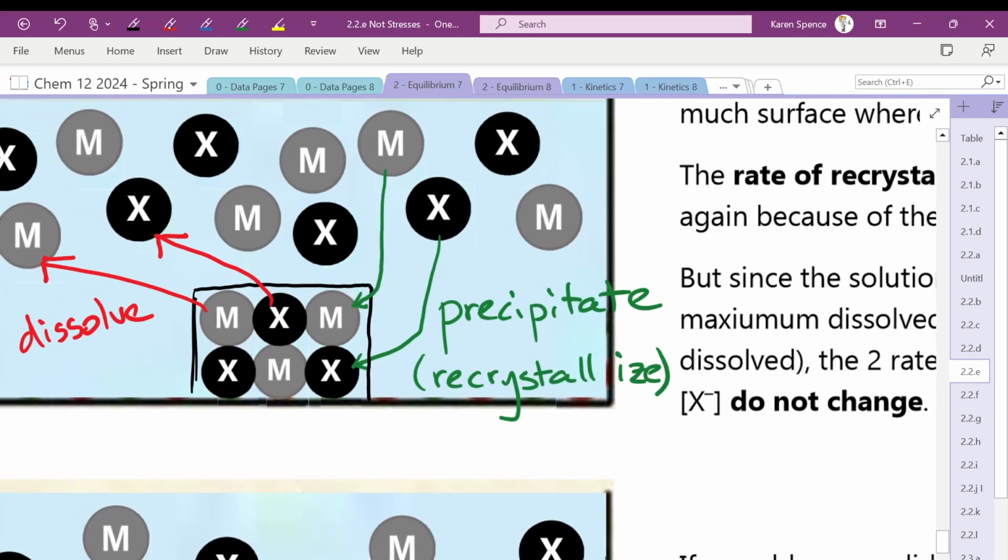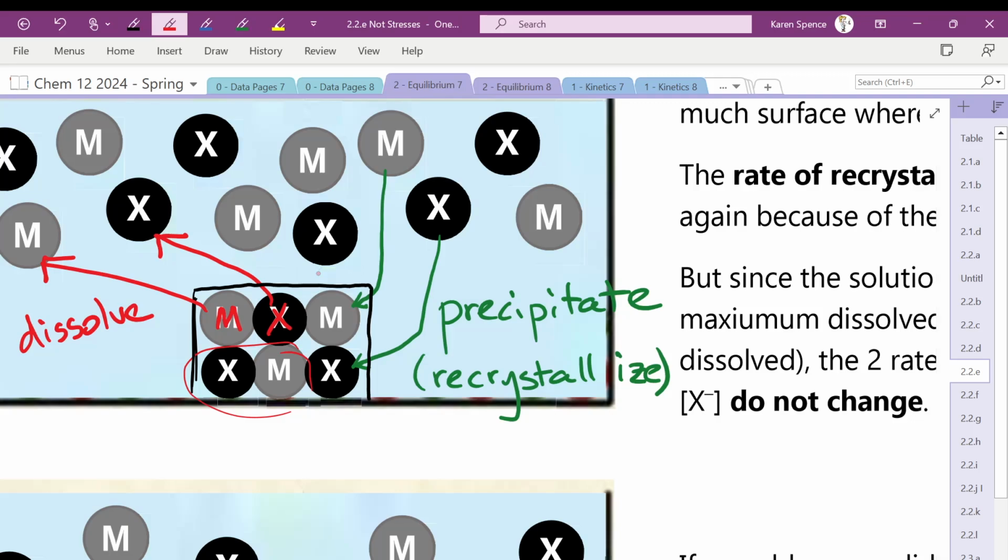We've got this M coming off. We've got this X coming off. Is there anywhere else that is available for MX to dissolve? Kind of, maybe down here. Yes. Maybe over here, but that's where things are busy precipitating, right?